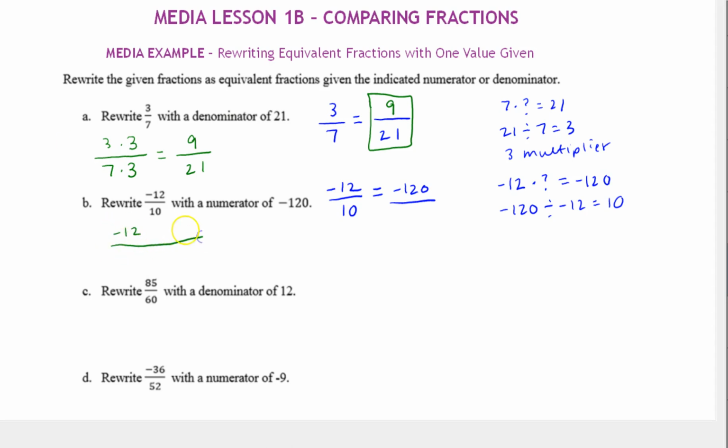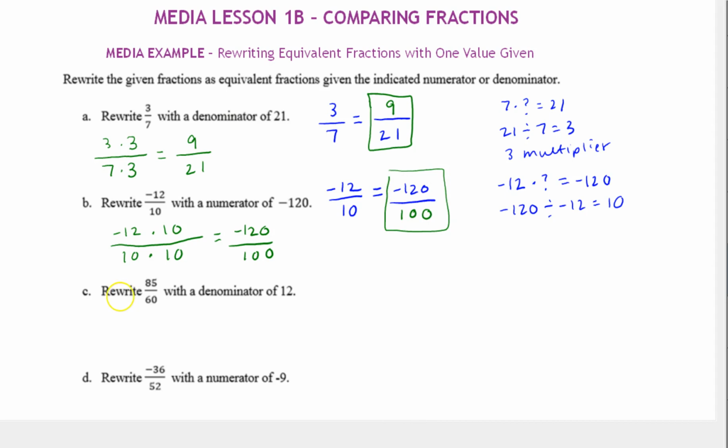Negative 12 times 10, and then we had a 10 to begin with in the denominator, and we're going to multiply that by 10 as well. Well, this will be negative 120, and 10 times 10 is 100. So our missing denominator to give us our equivalent fraction is 100. So this is our final answer.